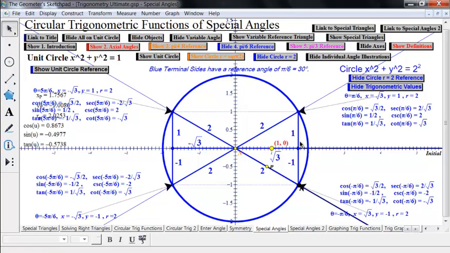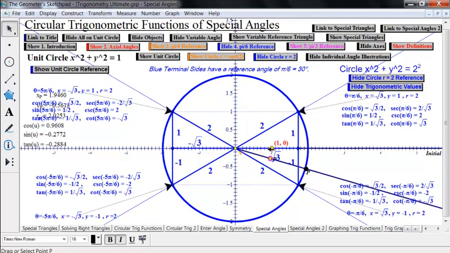Notice cosine is positive for both the first quadrant and the fourth quadrant. Sine, however, is negative down here, because y over r is negative 1 over 2. Same size as the sine in the first quadrant, but negative in sign. Cosecant of negative pi over 6 is its reciprocal, negative 2. Tangent is negative 1 over square root of 3, and cotangent is minus square root of 3.